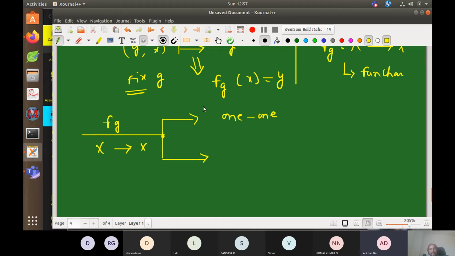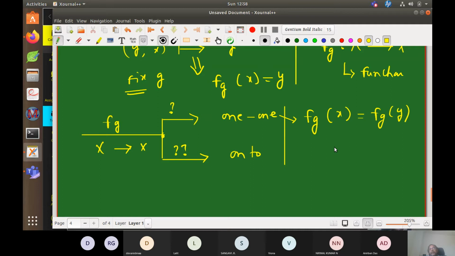Is it one-to-one? Is it onto? Okay, let us verify those. So F_g of x is equal to F_g of y. I'm checking the first condition, right? F_g of x equal to F_g of y.